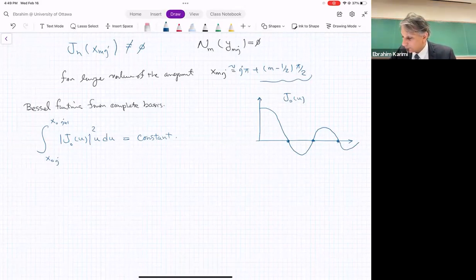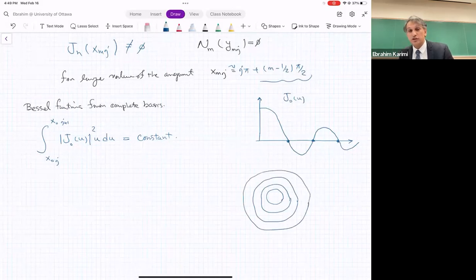I will see multiple rings or multiple oscillations. And when I look at the square modulus of them, I will see that those points show up as a positive value or zero value between them. But then for J0, that will be a power. If I look at the area that I'm covering here, the area is almost constant for all of them. So multiple rings will show up, but the area that they are covering will be identical.